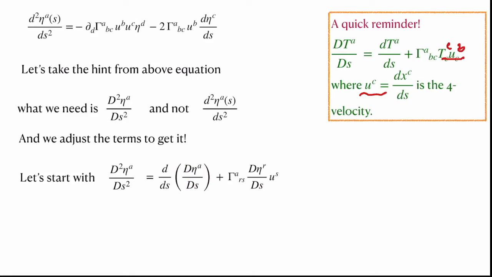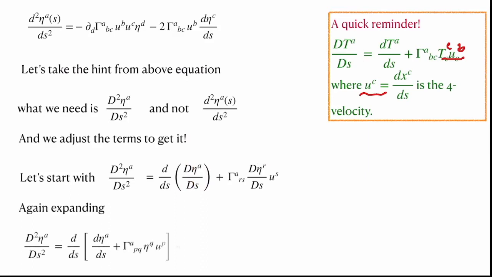Now we have to expand the individual terms again using this equation, and these two terms give rise to a few more terms. It leads to a fairly bad equation. The first term will have 2 terms. One is coming from the ordinary differentiation, gamma, connecting vector, and 4 velocity of the particle.